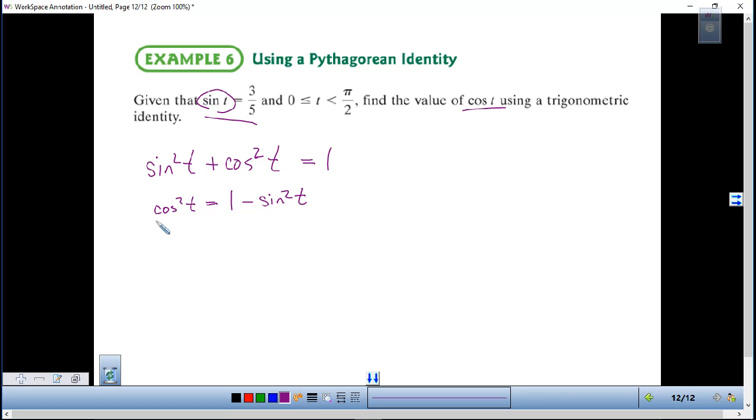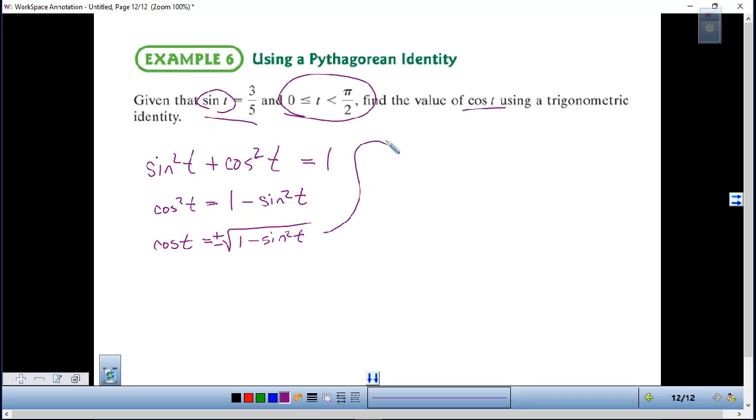And the square root of cosine squared t is just going to be cosine t. And over on the other side, the square root of 1 minus sine squared t is what I'm going to calculate. Now, guys, in all honesty, remember, if we're taking the square root, we're looking for all solutions, we got a plus or minus right here. That's where this part's going to come in, and we'll talk about that in just a second.